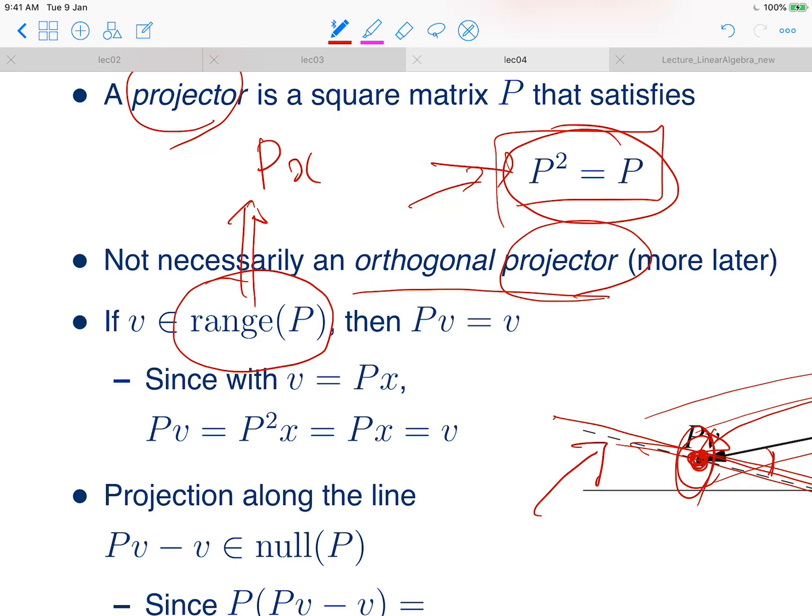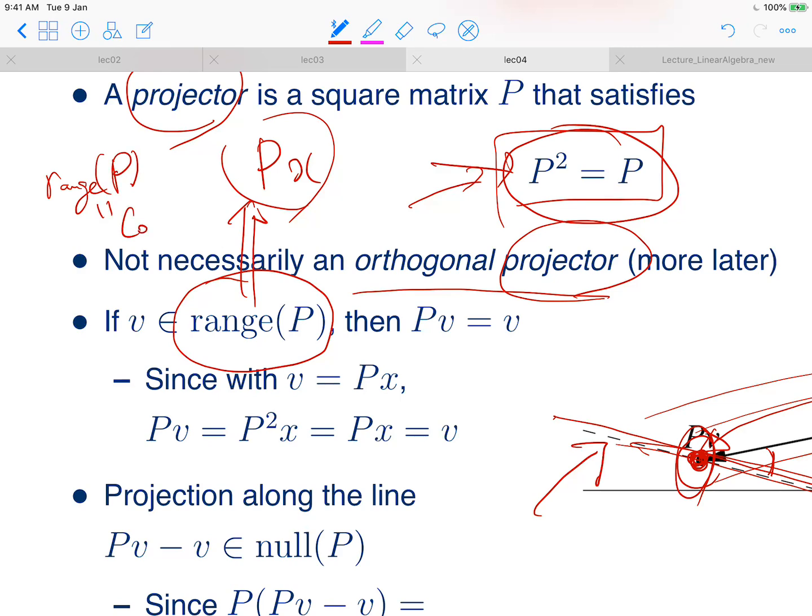So this projection is represented as a linear transformation, or the matrix multiplication with the original vector. And then all the possible resulting vectors after this matrix multiplication will be just the range of P, okay?